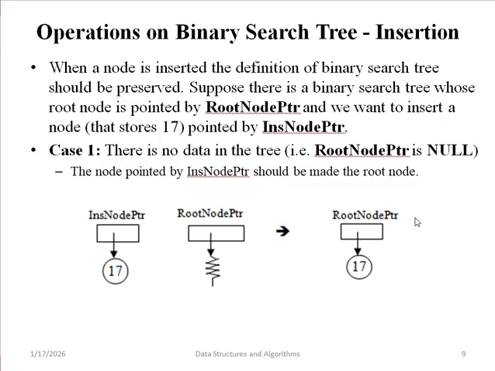Let's say we have a node 17 to be added into an empty binary search tree. As this tree is empty, we make the root node pointer point to that node to indicate that it is the first.